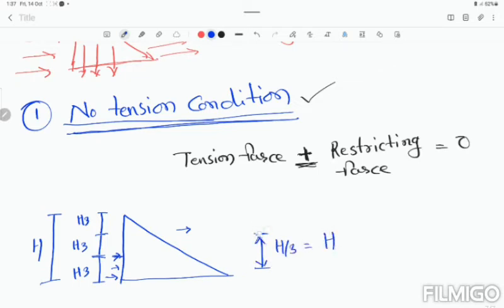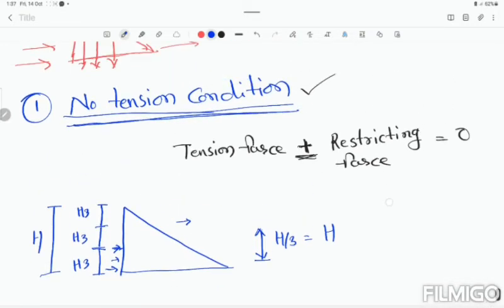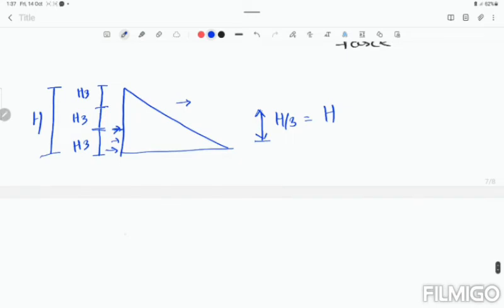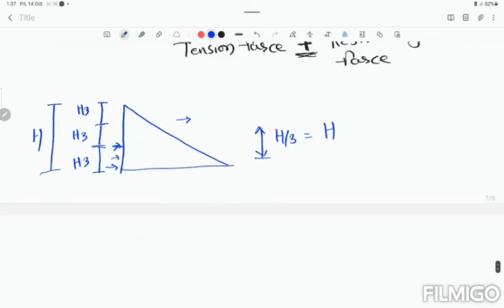First, the force acting on the body under the tensioning condition is the tension force.